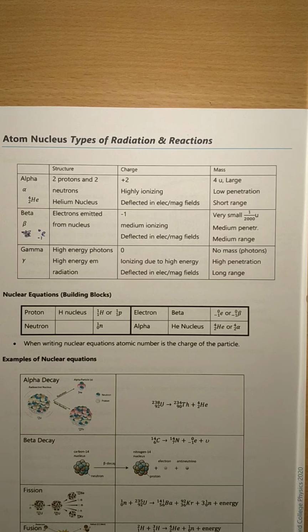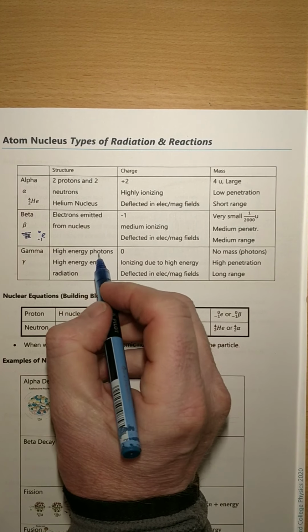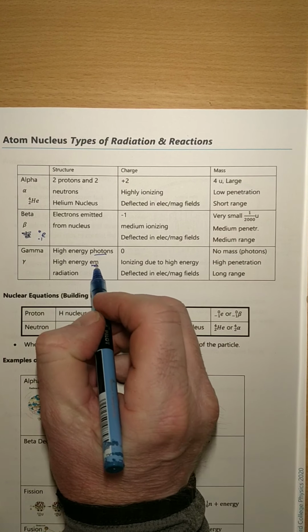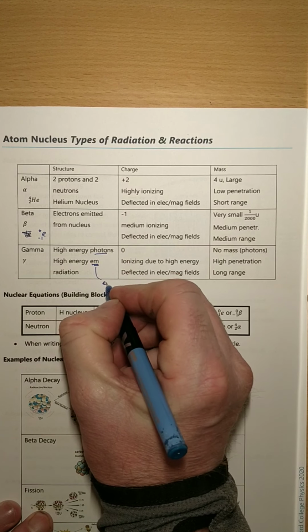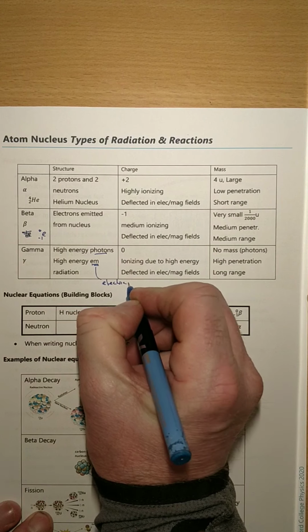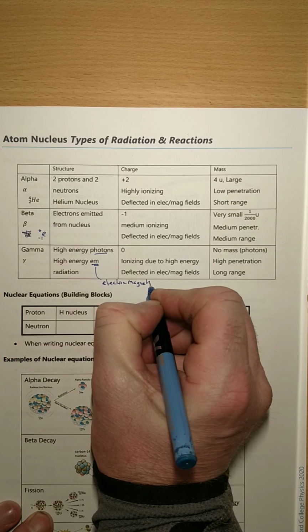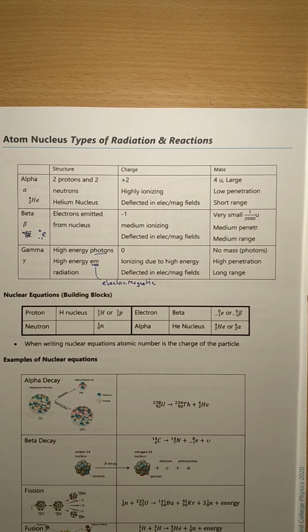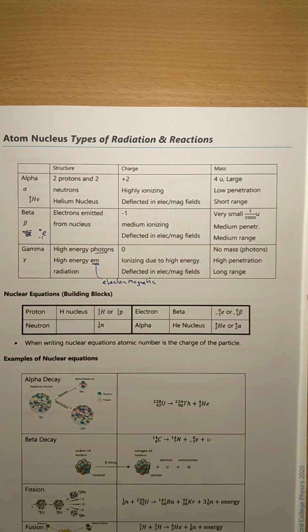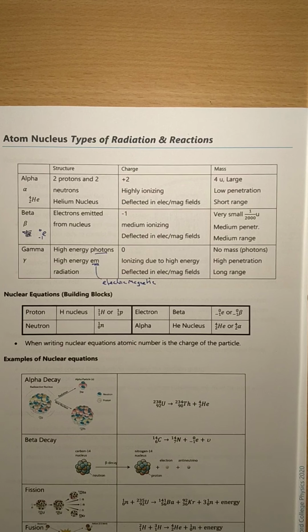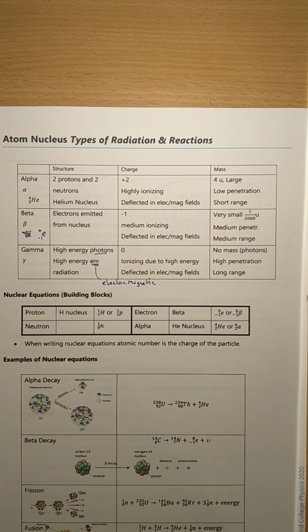And finally, gamma, high energy photons. They're photons, or high energy electromagnetic radiation. We talked EM radiation, electromagnetic. We better put that in. We'll be using EM a lot. Okay, so electromagnetic radiation. So that's kind of the wave model. That's the photon model. Charge is 0 because it's a photon. It's still ionizing because there's a high energy, so they're still ionizing, okay, even though they don't have a charge.